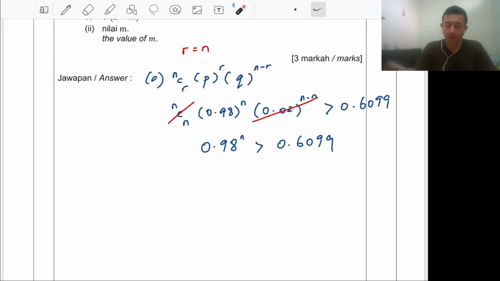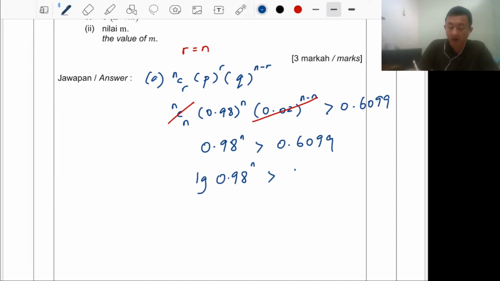Alright, so you have to find the value of the unknown, which is the power. The only way is to put a log. So any log you want it to be, in this case, I put log base 10, which is LG. Then you bring down this power and put it in front.